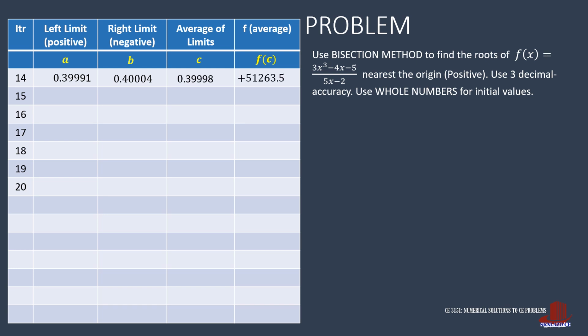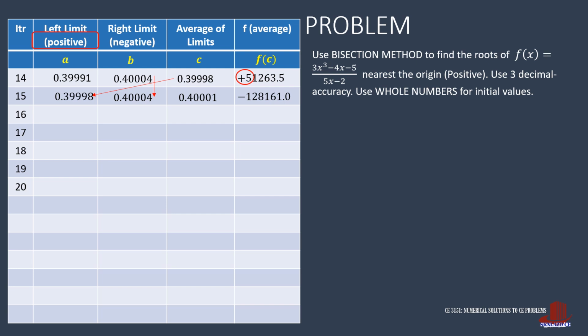Since we are working on 5 decimal places, there are still a few more iterations to go until a and b completely converge. Iteration 15 then has c replace a because of f of c being positive. B remains the same. The average is then 0.40001, giving f of c as negative 128,161.